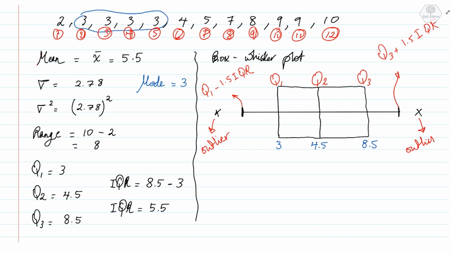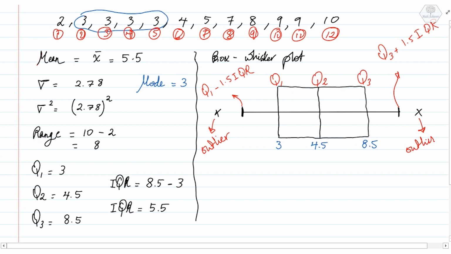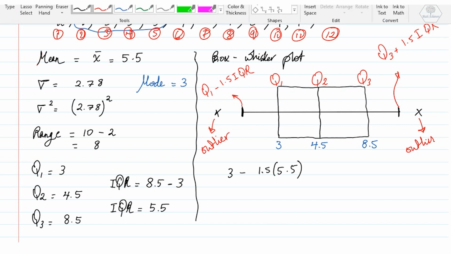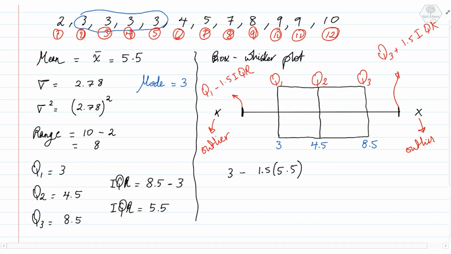Let's calculate the value for Q1 minus 1.5 IQR. Q1, 3, minus 1.5 times 5.5 will be negative, so I don't have an outlier. This value is negative for my data.